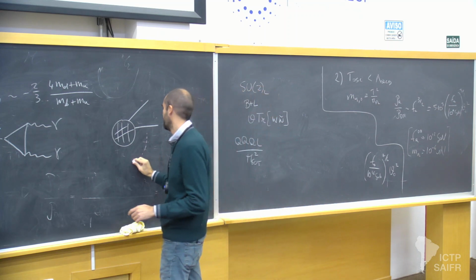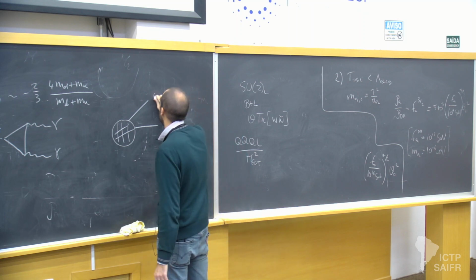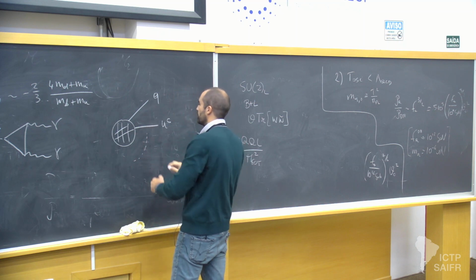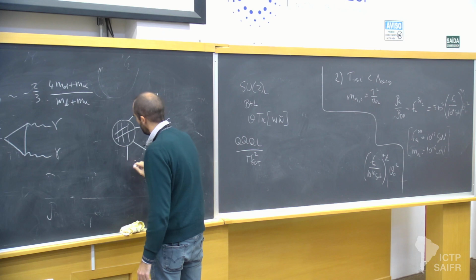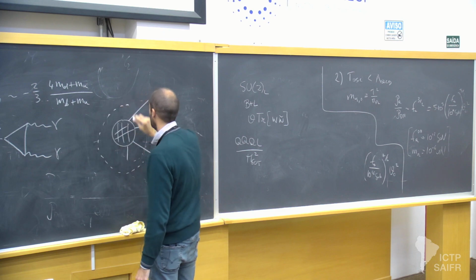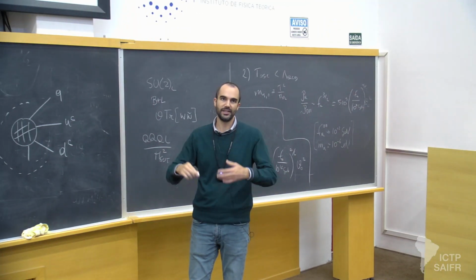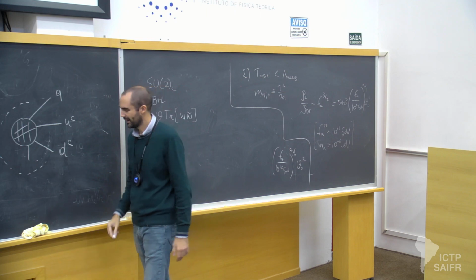So for example, in the case of the QCD instanton, you would have all the quarks, and you have to repeat for the 3 flavors, okay? So you can think about the instanton as this effective operator that's very, very high dimensional with all these objects coming out.